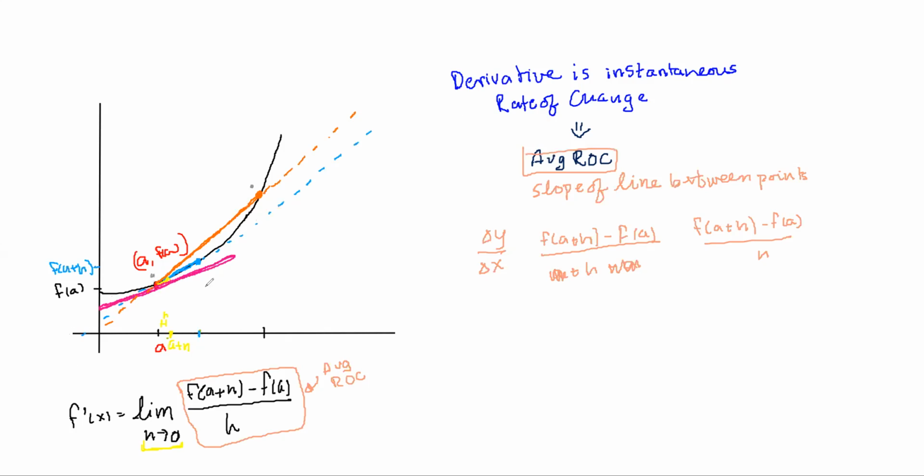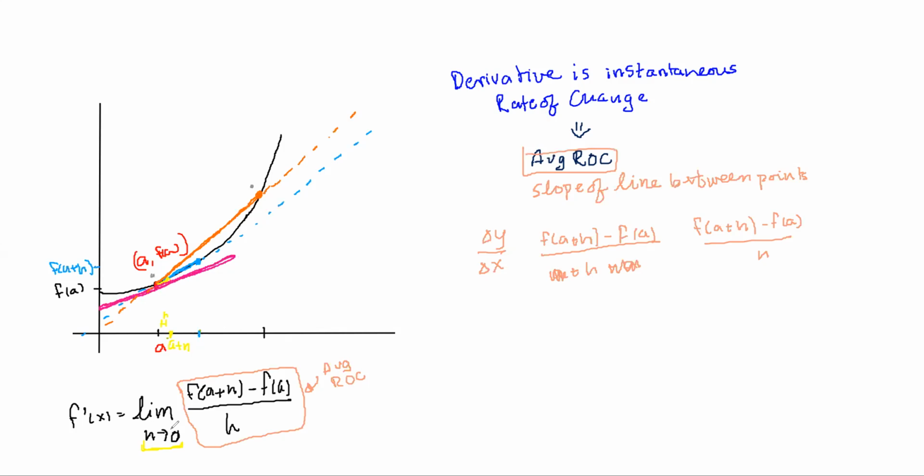But what's happening with this pink one is that at this point, A, we're saying that this is a great representation of how the curve is changing, because it is the instantaneous rate of change, because h is approximately equal to 0.